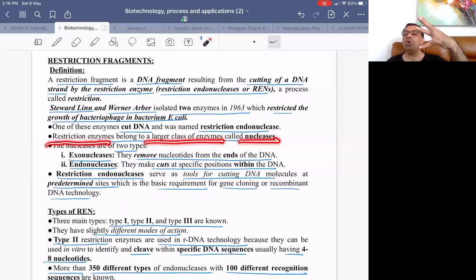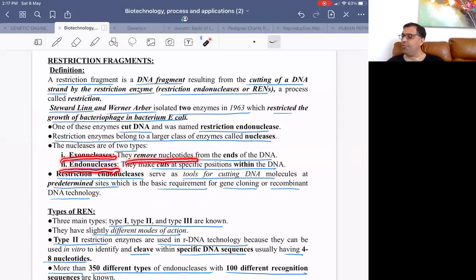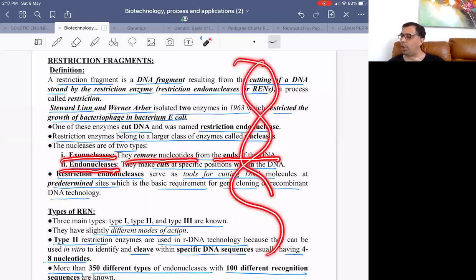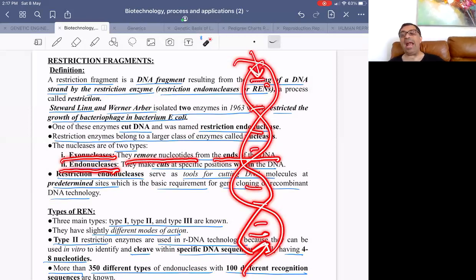So nucleases is a broad spectrum. You have exonucleases and you have endonucleases. Exonucleases remove nucleotides from the ends of the DNA. Exonucleases will break nucleotides from the end of the DNA, breaking the bonds end to end.